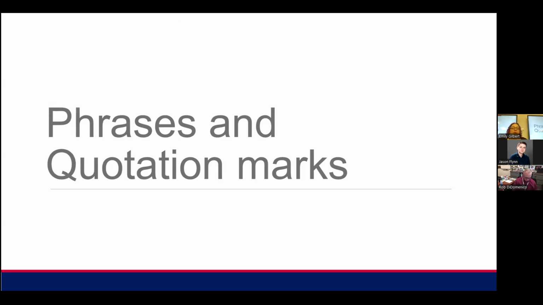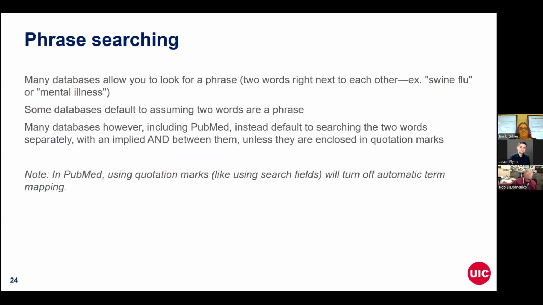Another way you can really change your search is by using phrases and quotation marks. So many databases will do phrase searching. That's where you're searching for two words right next to each other, like swine flu or mental illness, like it says on the slide.